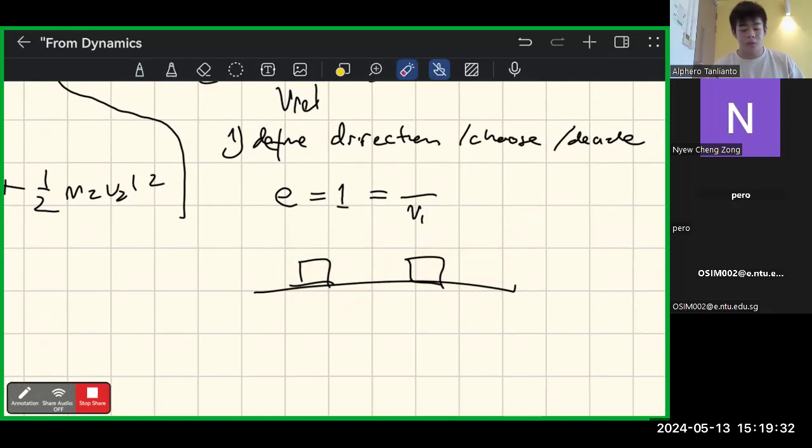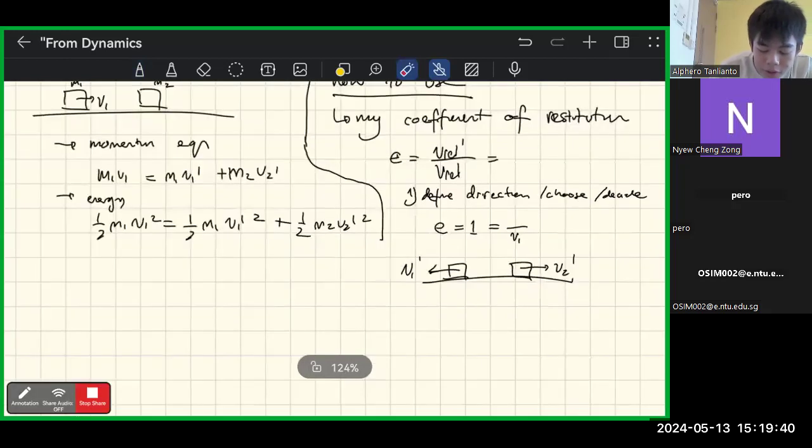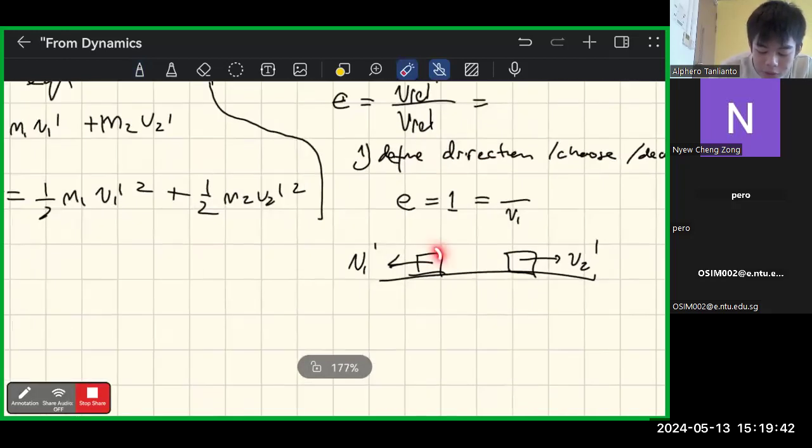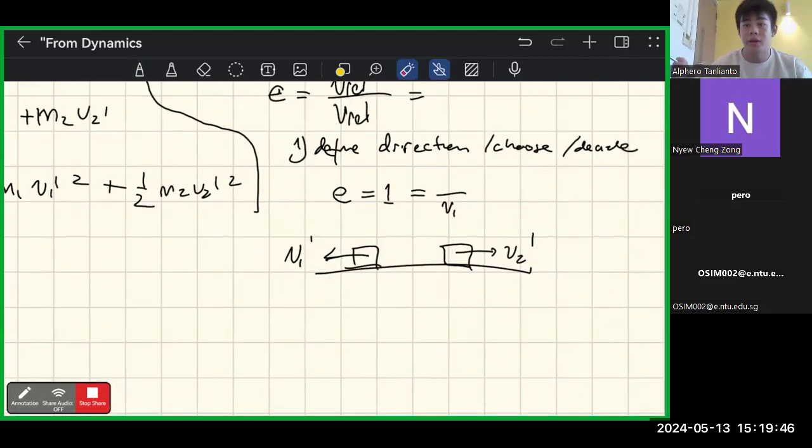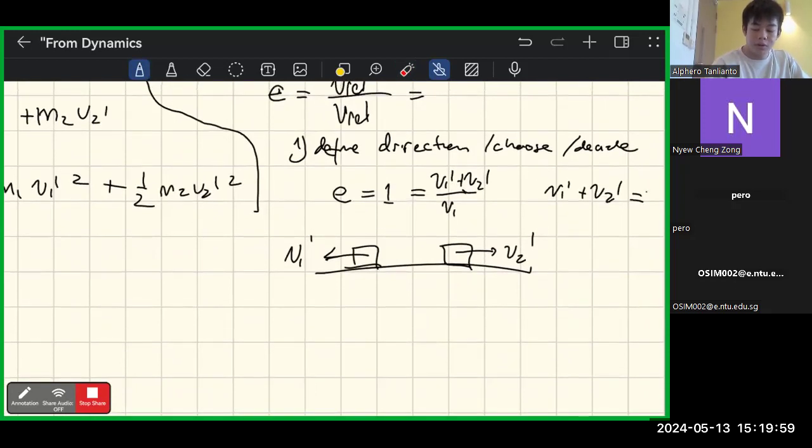So we just assume that the velocity here is v1 prime and after the collision the other is v2 prime. The relative velocity is going to be v1 prime added by v2 prime. How come? Because they are both going away from each other.